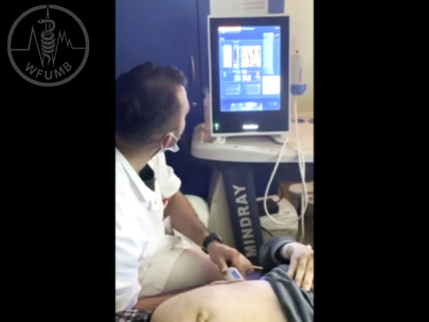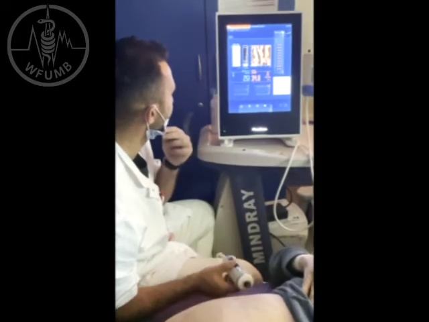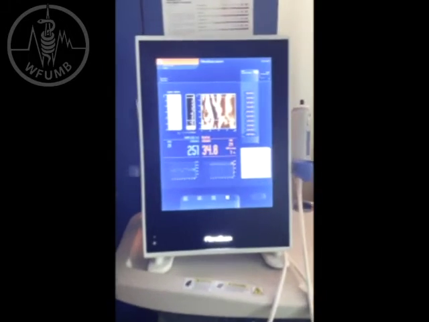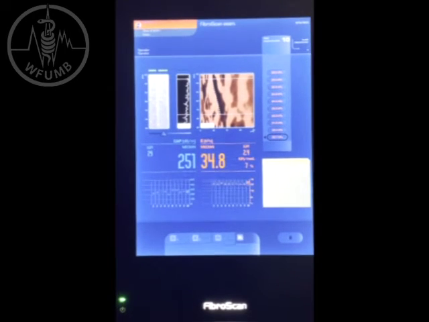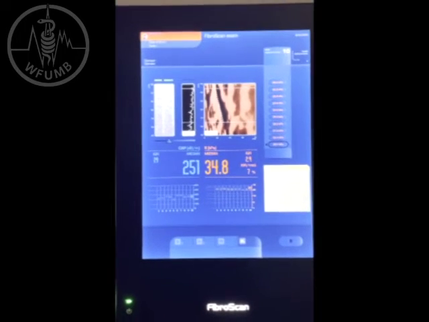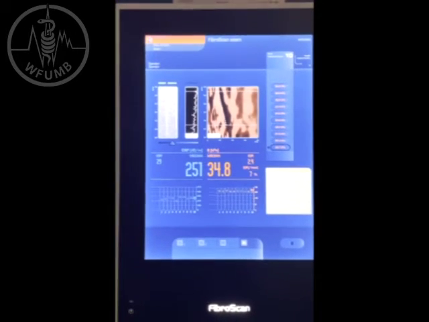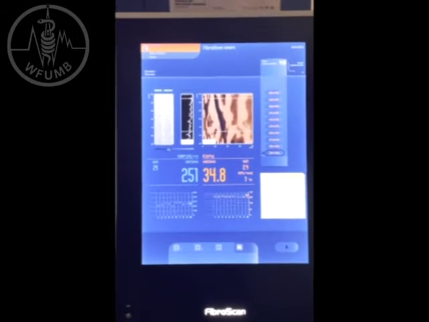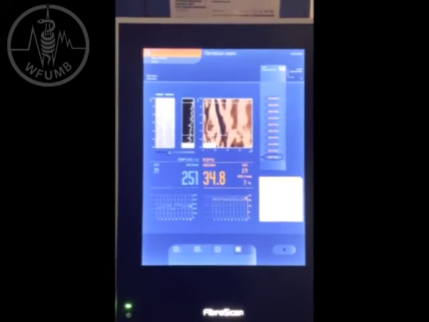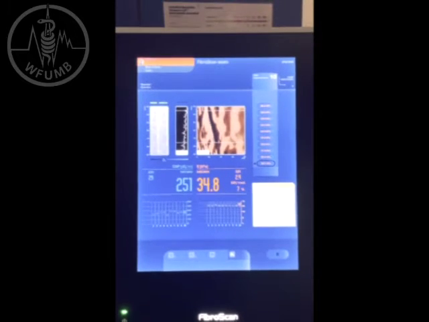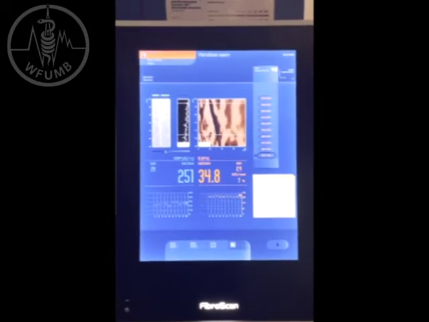Okay, now we have 10 measurements. The value obtained using transient elastography is 34.8 kilopascals with an IQR per median ratio of 7%, which is a reliable measurement. The IQR per median value has to be below 30% for an accurate assessment.